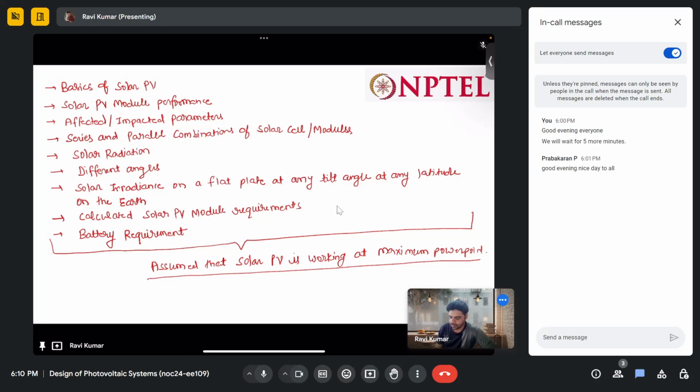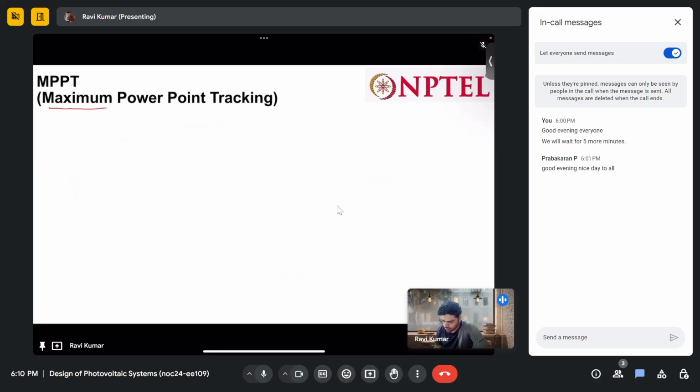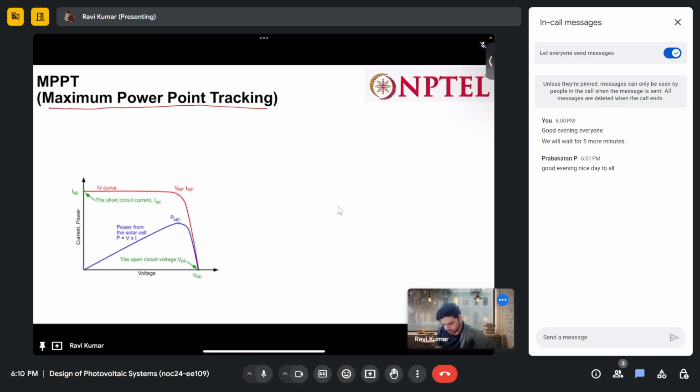So what is this MPPT? MPPT means maximum power point tracking. It means on a solar PV IV characteristics, we need to identify the point at which the maximum power can be obtained. Let us understand from this. This is a simple IV characteristics.